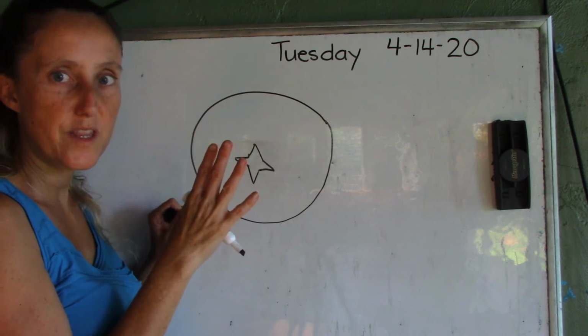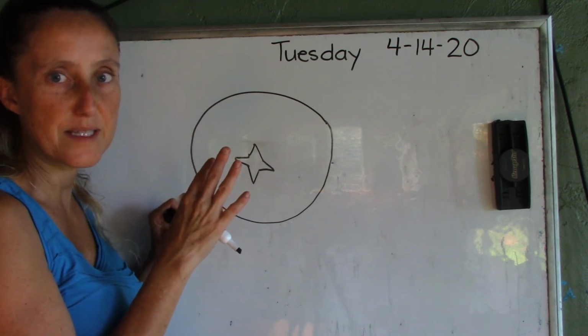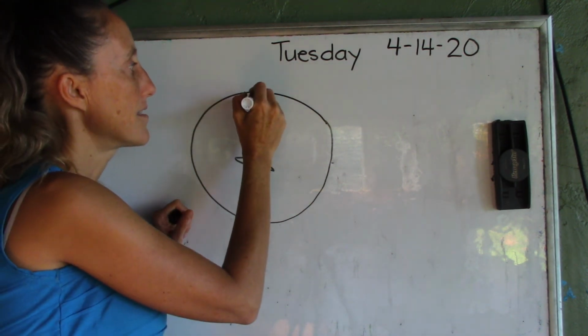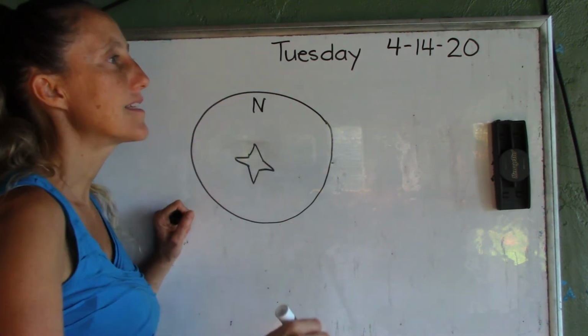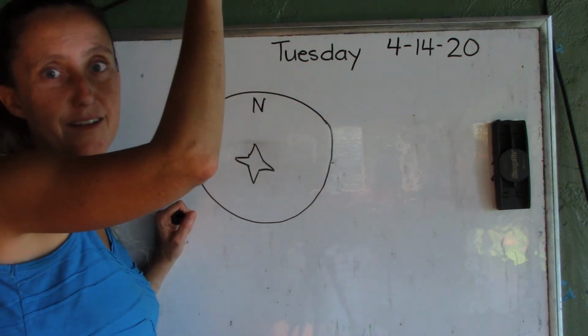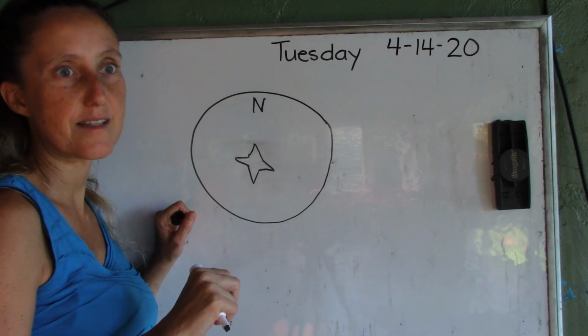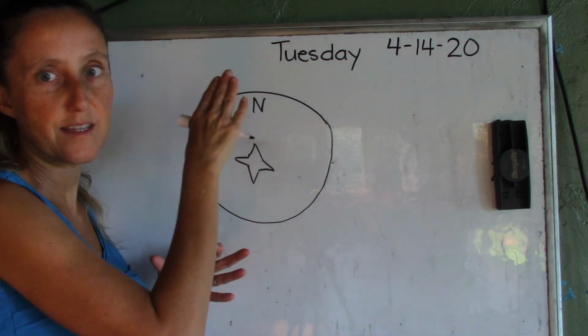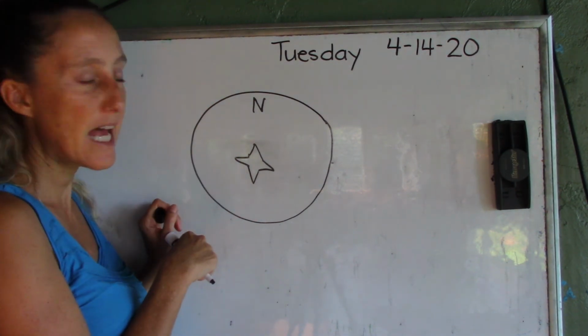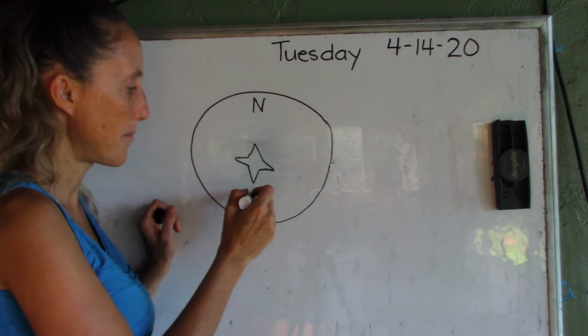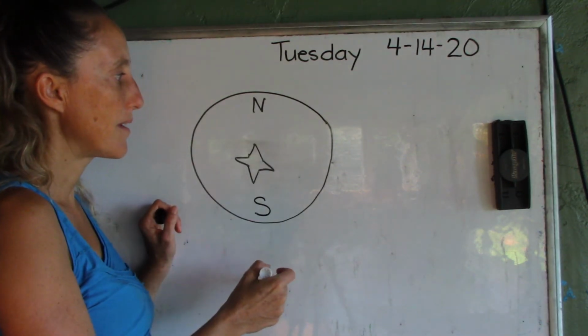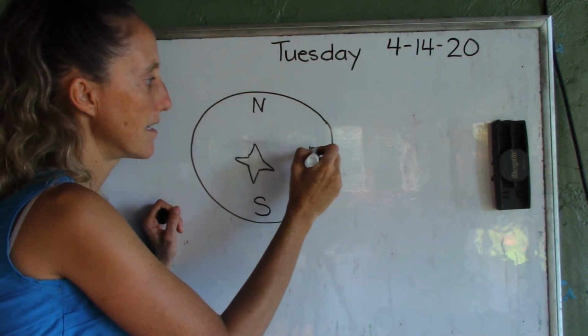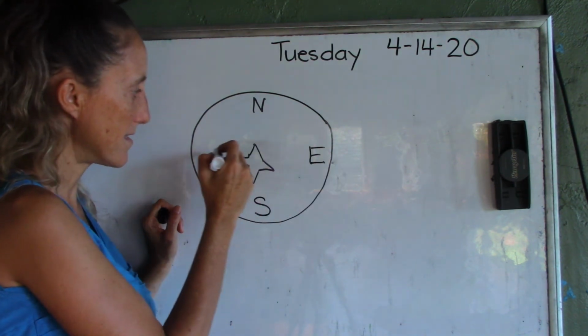So north is where on the compass? Right, on the top. That doesn't mean north is up in the sky, right? That's not what it means. But on the compass, north is at the top of the compass. And south is on the bottom. And then we have east, and we have west.